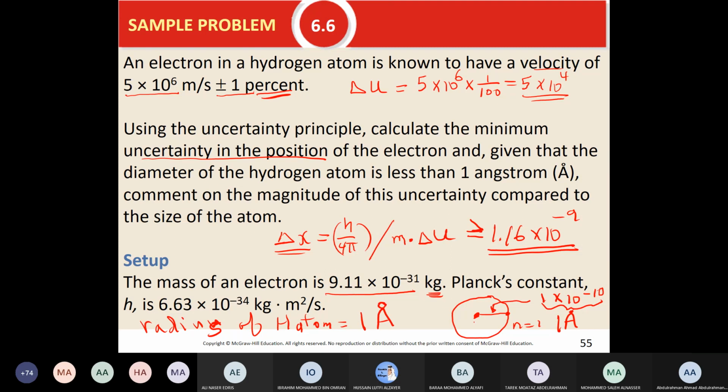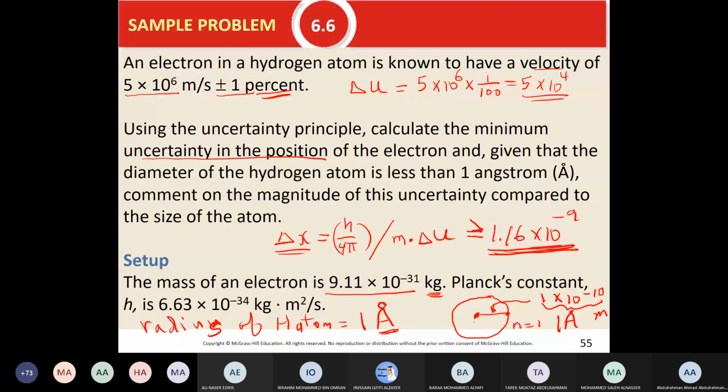Don't memorize the name angstrom. What's angstrom? 10 to the power minus 10 meters. But look at the error, 1.16 times 10 to the power minus 9, 10 times as big. So if you know the radius, the error here is 1000% more.